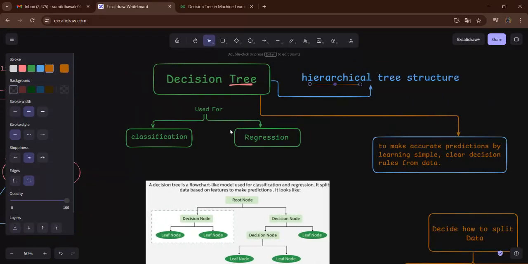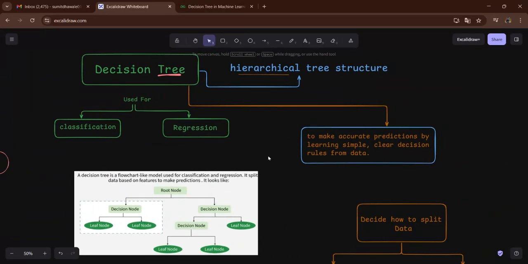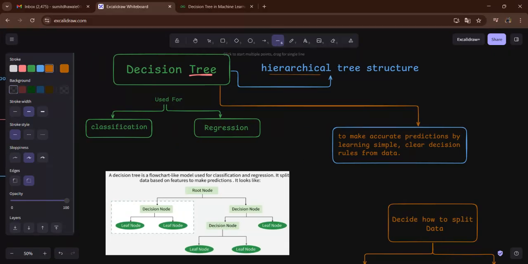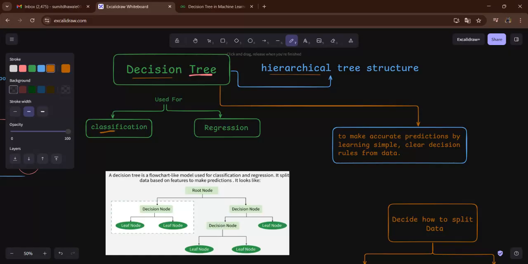Now let's start with the actual concept of the decision tree. In our previous lectures we have seen that linear regression is used for regression problems, and logistic regression is mainly used for classification problems. Now the decision tree is used for both classification problems and regression problems.